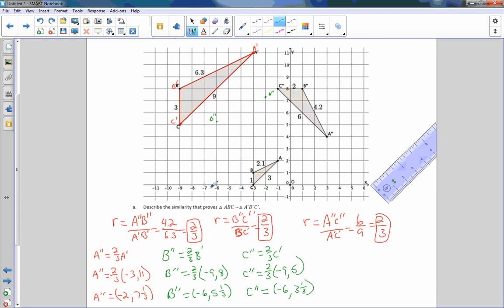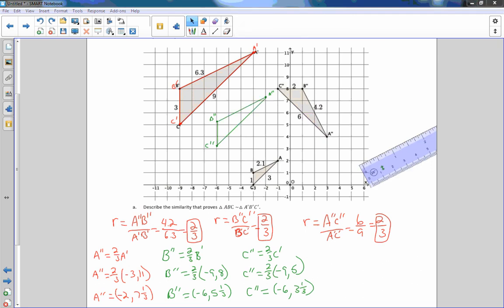So I'm going to go to -6, up 3 1/3, and there is C double prime. Now that I've scaled that down to the same size as this one, now I need to move it.